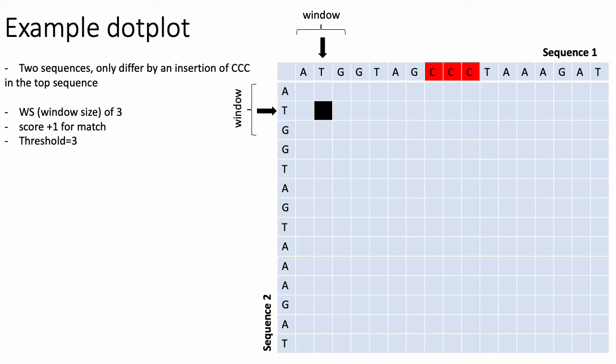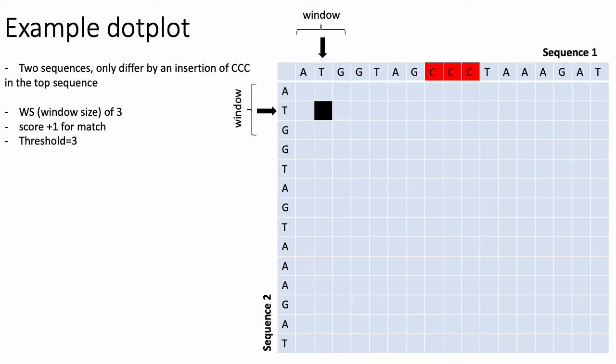And similarly, with a window size of 3, I'm looking at the first 3 rows of the second sequence. So when I decide whether or not to draw a dot at that row and column indicated by the arrows, I'm really asking the question, is ATG similar to ATG?